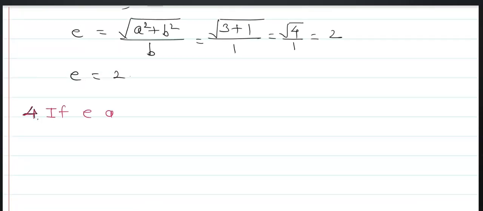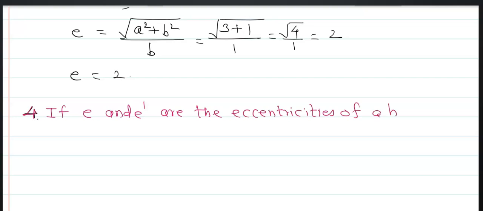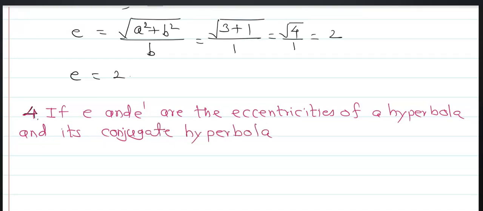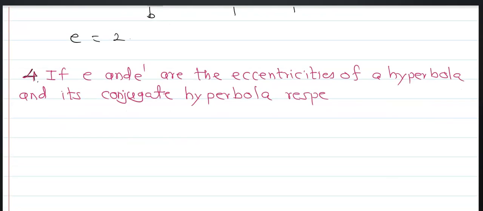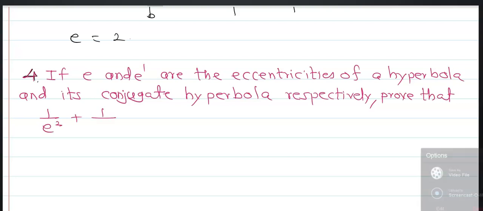Fourth one, if e and e dash are the eccentricities of a hyperbola and its conjugate hyperbola respectively, prove that 1 upon e square plus 1 upon e dash square is equal to 1.